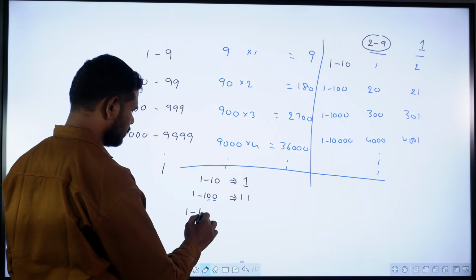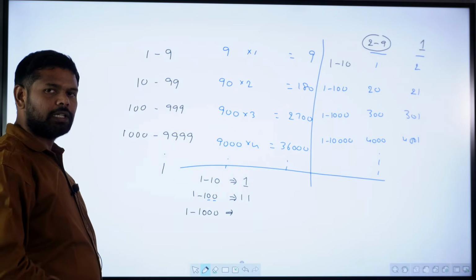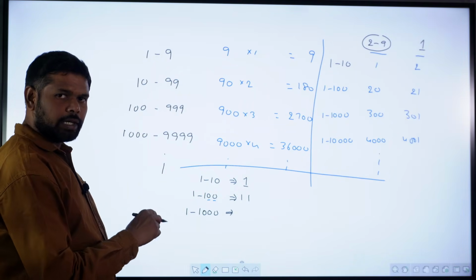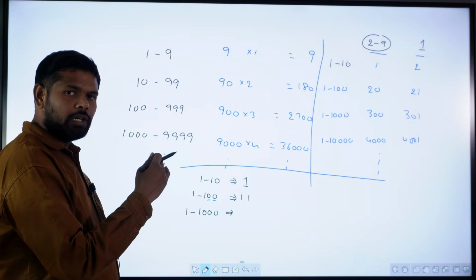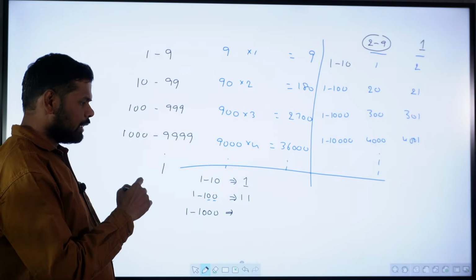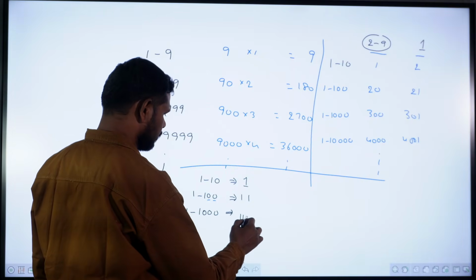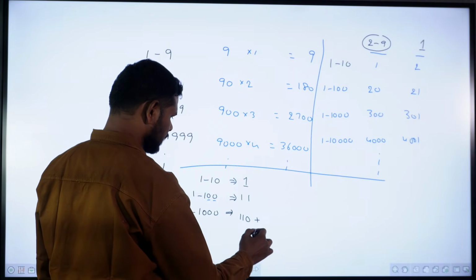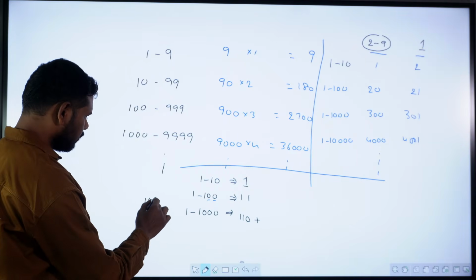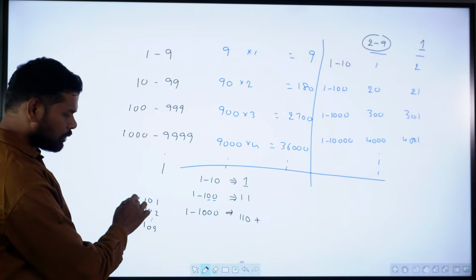Similarly, 1 to 1000, how many zeros are there? Again for every 100: 10, 20, 110, 120, 210, 220, 310, 320. Like that, every 100 has 11, 11, 11. So that's 11 into 10, 110 zeros, plus some more extra. After 100, the numbers 101, 102 to 109, in the middle, 9 zeros are there.